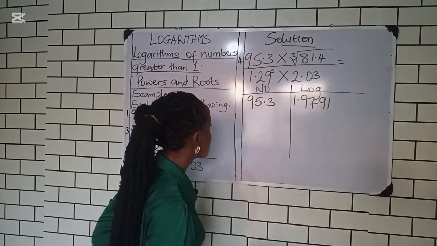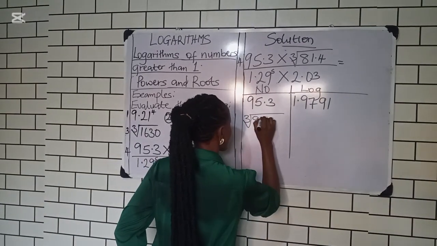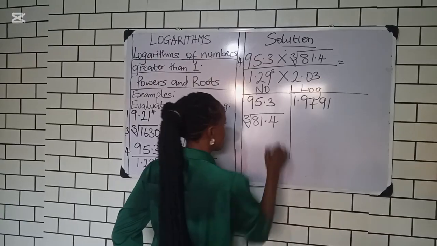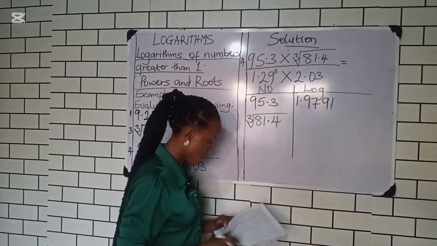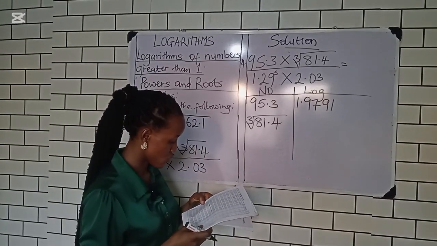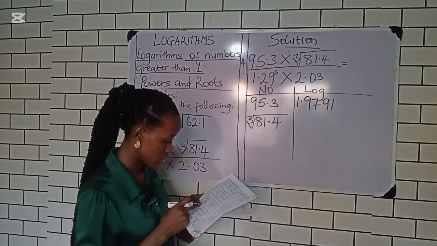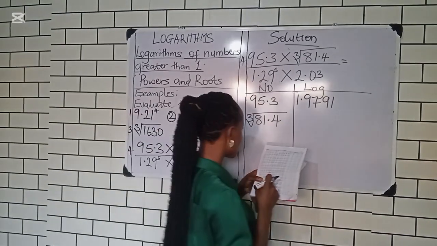Now the second number is cube root of 81.4. Here we're going to look for 81 under 4. In our log reading table, 81 under 4 here is 9106.